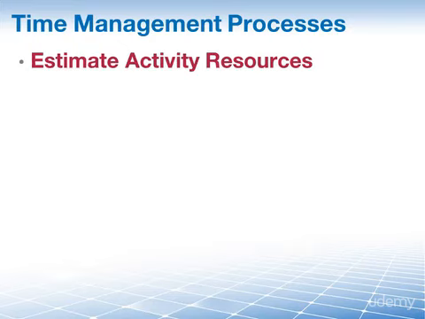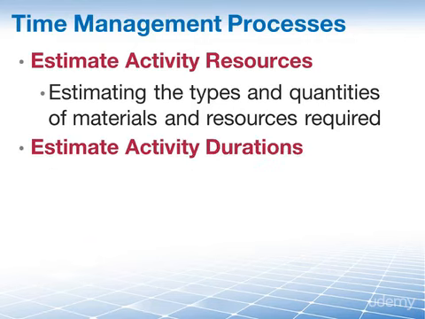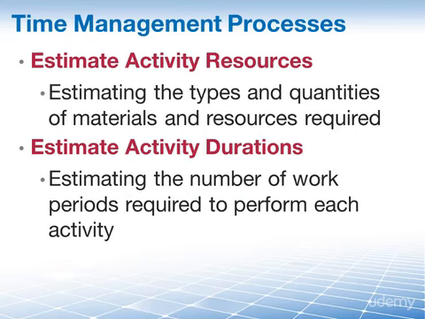Estimate activity resources will tell you who is going to do it. This is the process of estimating the type and quantities of material, human resources, equipment, or supplies that are required to perform each activity. And then estimate activity durations will tell you how long. This is the process of estimating the number of work periods needed to complete individual activities with estimated resources.